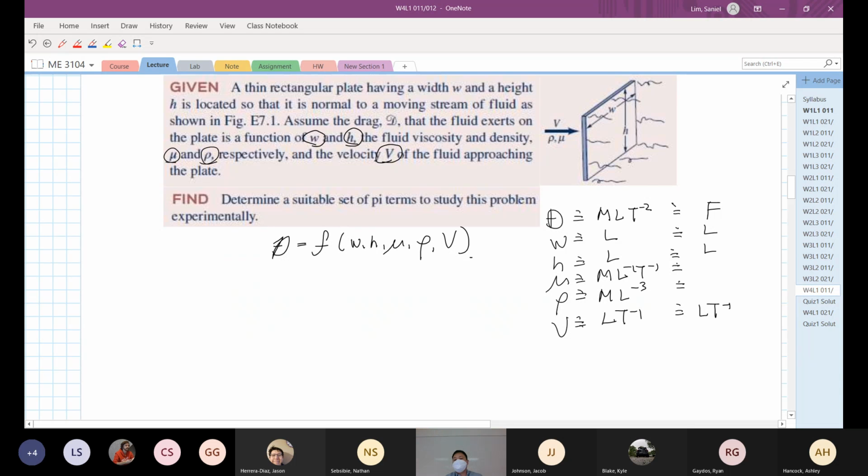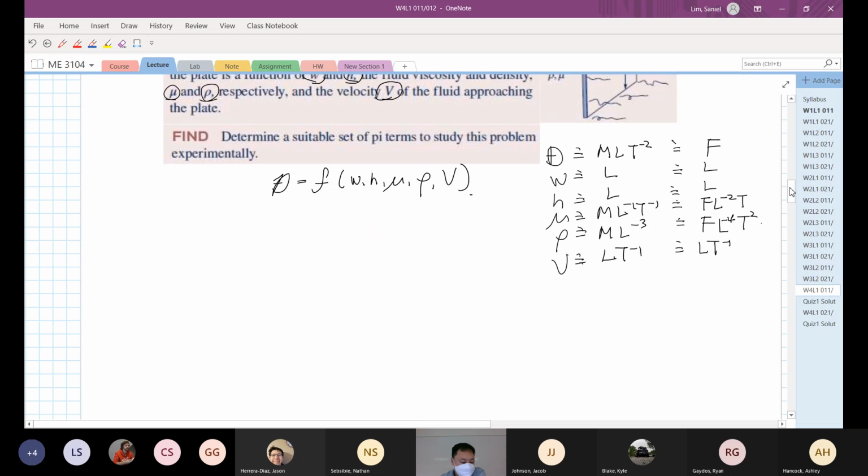But now you can convert the MLT system into F if you have M inside. So that's going to be FL minus 2 T, and rho is F L minus 4 T2. So it's your choice. You can choose one or the other.